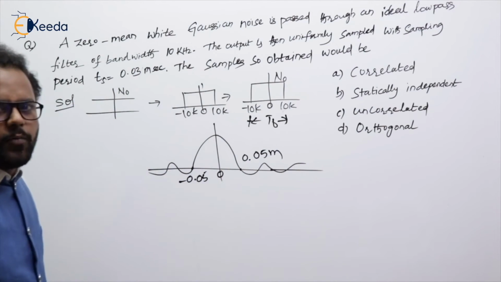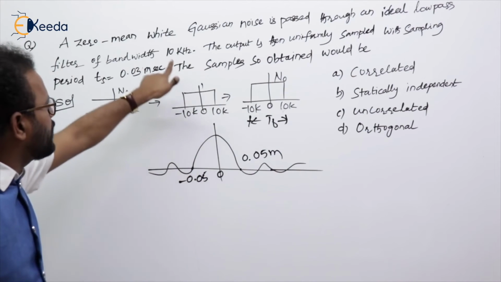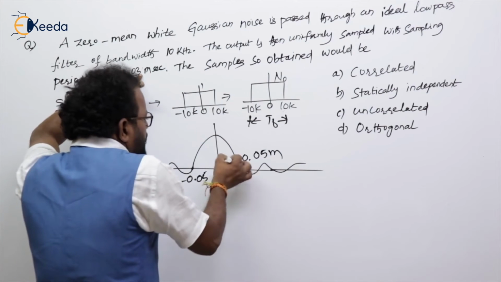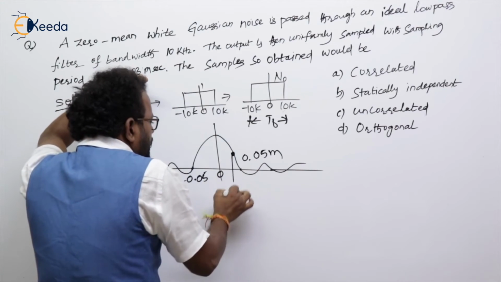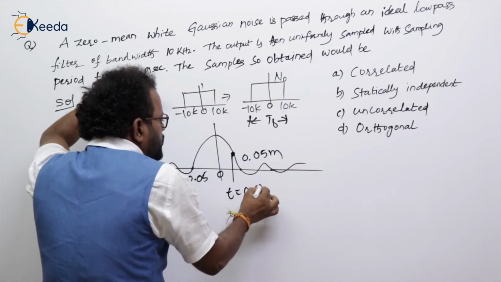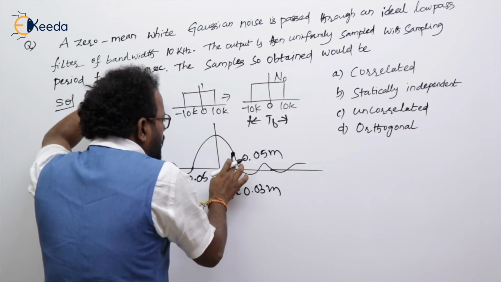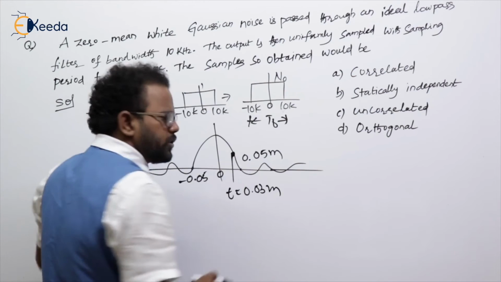At what value of millisecond is it asking? 0.03. Obviously before that, somewhere here, T equal to 0.03 millisecond. At this point the autocorrelation function is not equal to 0.